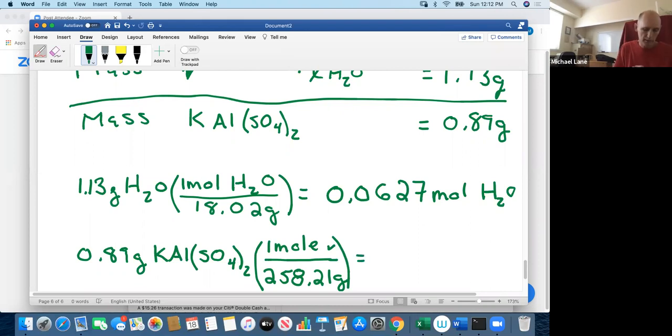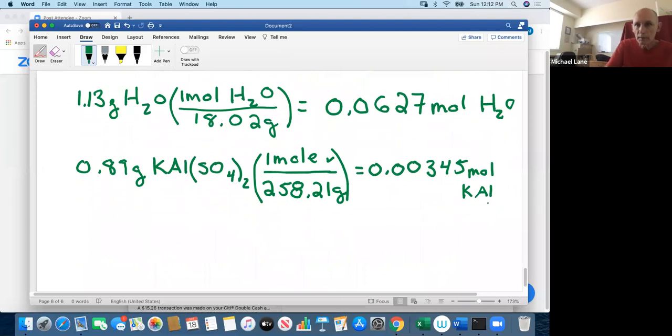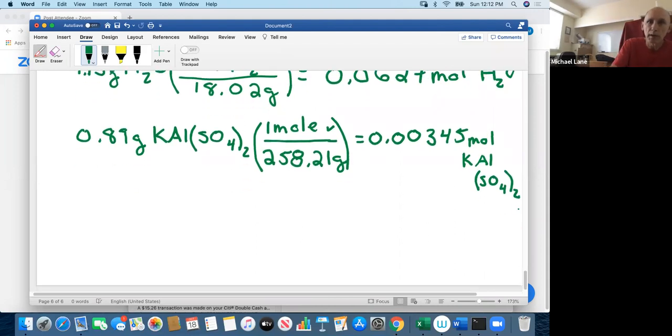Let's see what value I get. I get 0.00345 moles of potassium aluminum sulfate. Sorry, I'm going to squeeze this in. So that gives me the number of moles in my original 2.02 gram sample.